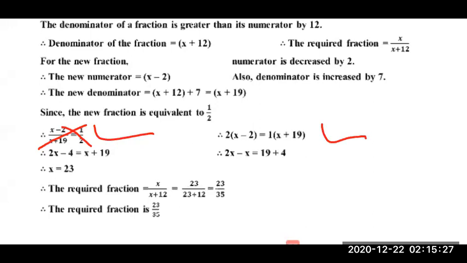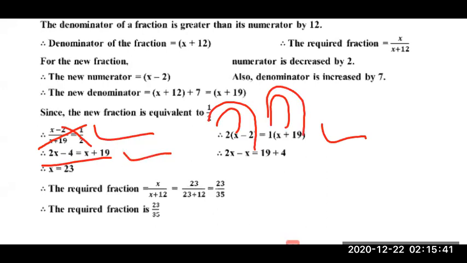Now if we multiply 2 into x, it becomes 2x. 2 into 2, it becomes minus 4. Then x into 1, it becomes x. And 1 into 19, it becomes 19 only. So here 2x minus 4 equal to x plus 19.